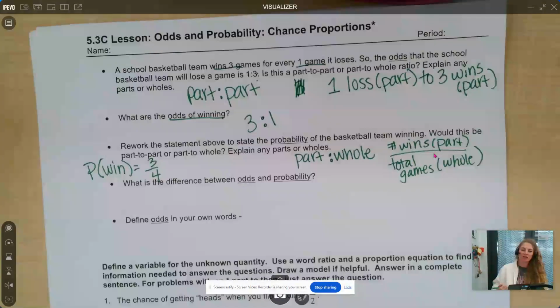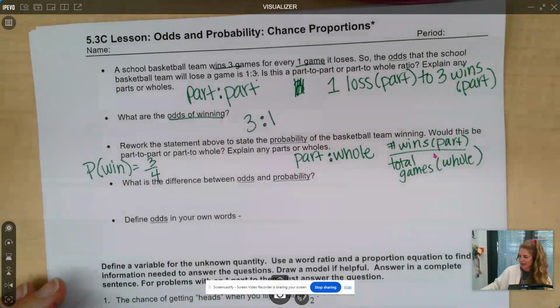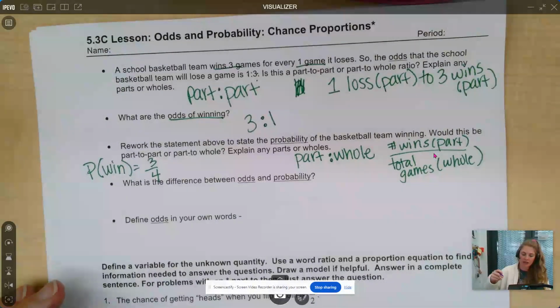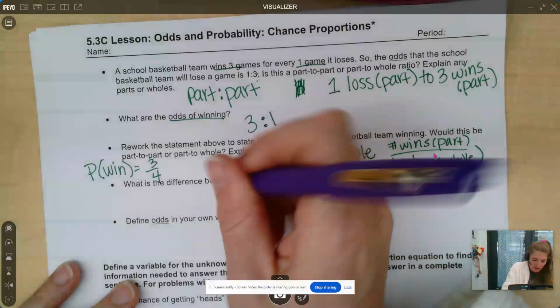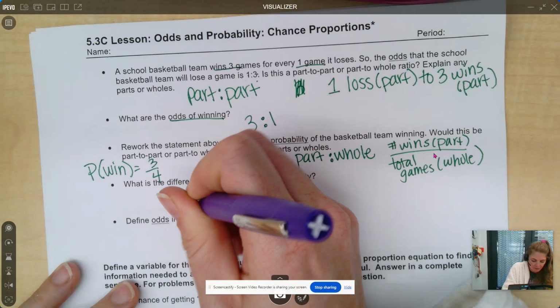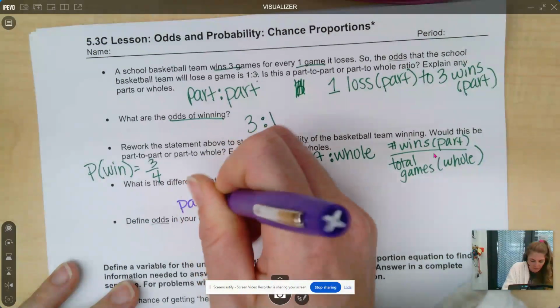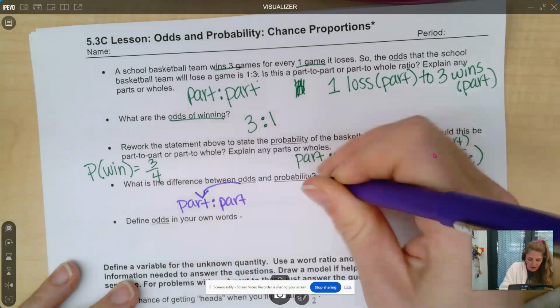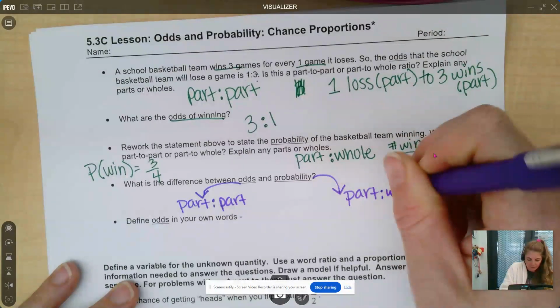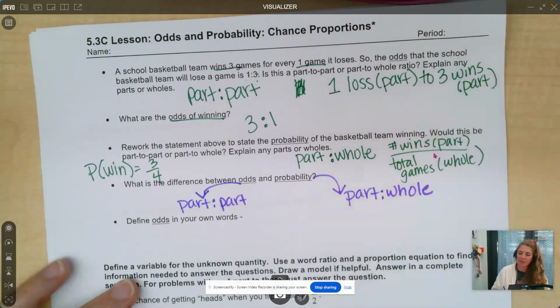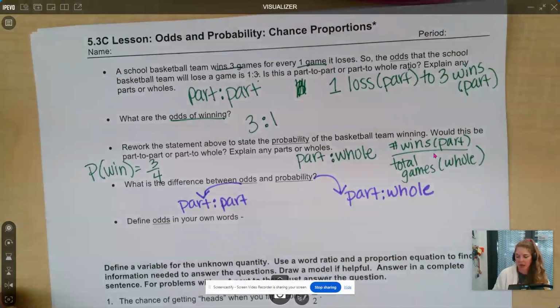Excellent job. So what's the difference between odds and probability? Because we will need these as we set up our proportions, knowing if it's part to part or part to whole. So odds are part to part, and probability is part to whole. They both explain the chance of something occurring.